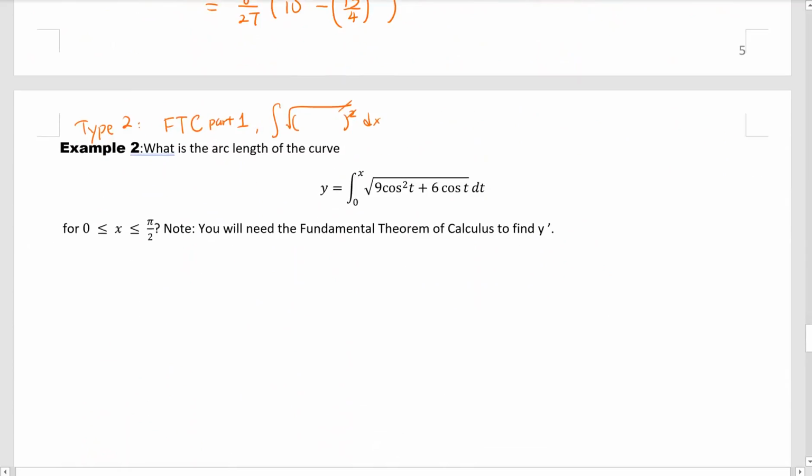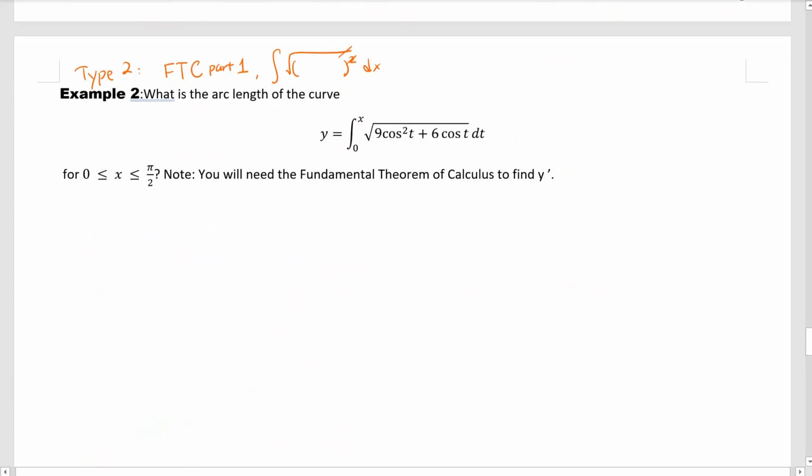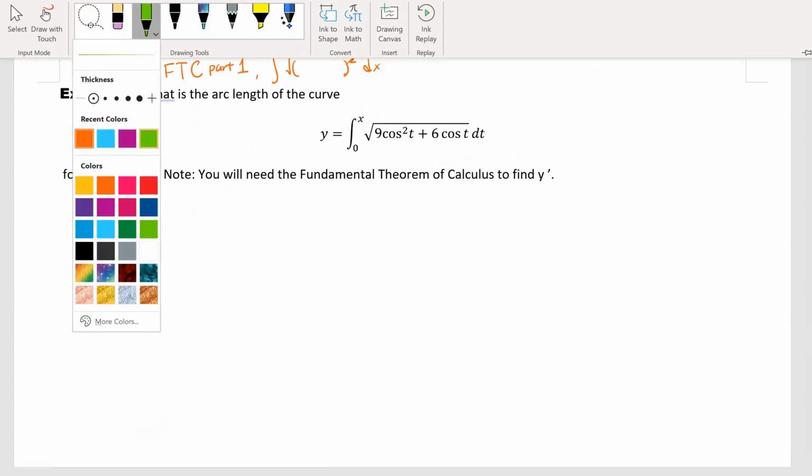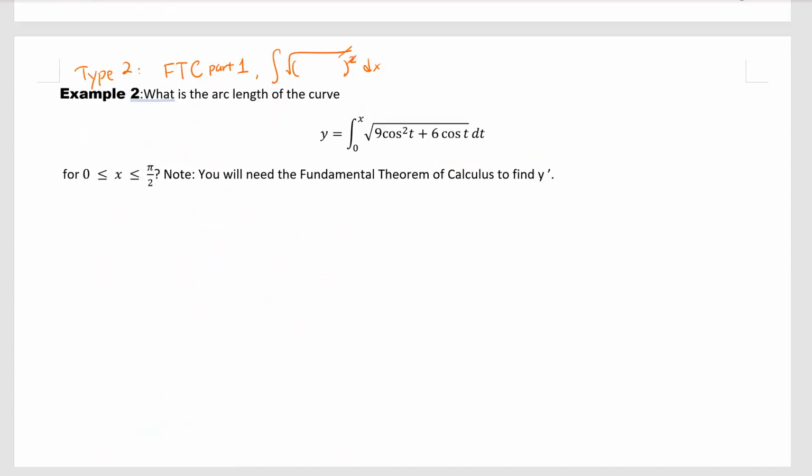Okay, so type 2: Fundamental Theorem of Calculus, part 1. So what is that? Let me use a different color. We reviewed the fundamental theorem of calculus part 1 in the first week of class. I hope you can still remember.